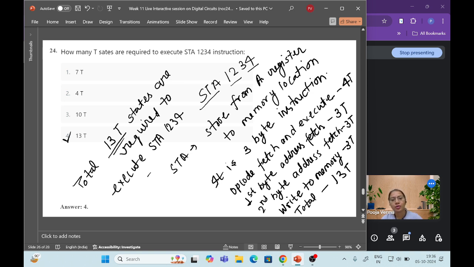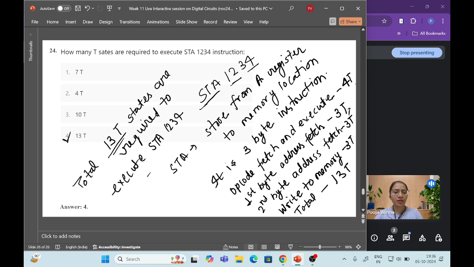It is a 3 byte instruction. So already told 1 byte for this, 1 byte for this, 1 byte for this, and for the third byte, how many T states are required? For opcode fetch and execute, it is 4 T states. For the first byte address fetch, 3 T states are required, and for the second byte address fetch, it is also 3 T states, and for writing to the memory, also 3 T states are required.